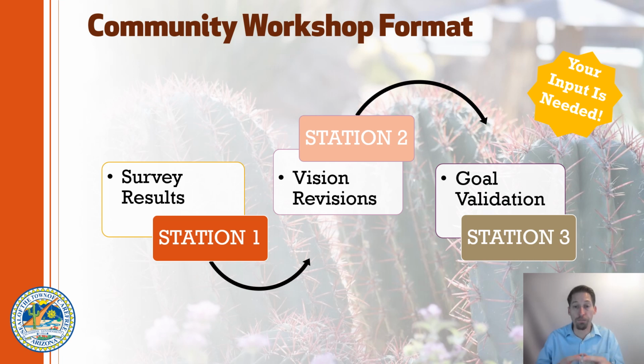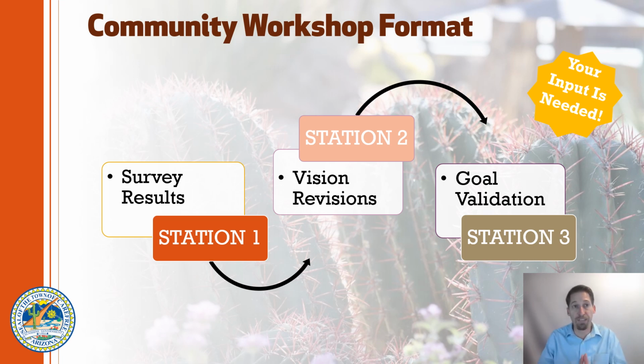By gaining your feedback, we will start to get a better sense for areas of the plan that we should preserve, that are doing their job, that are supporting the community in the way that they were intended to. And so we don't want to change those items that don't need to be changed.